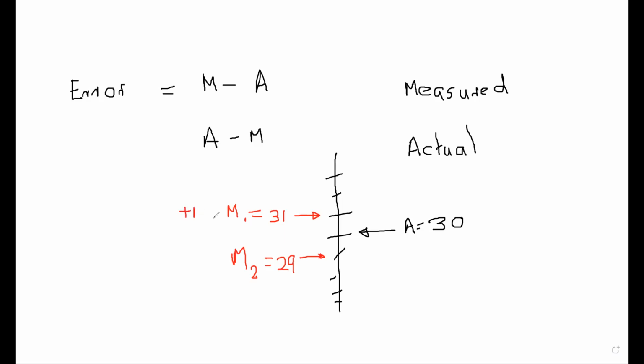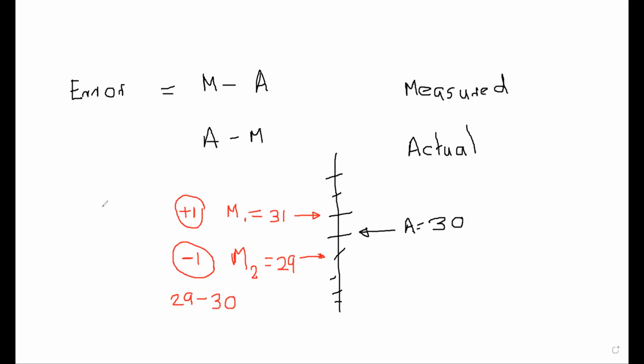For the second group, you are 1 unit below, and that below comes with the minus sign. How does that error come? The -1 comes when I take 29 minus 30.